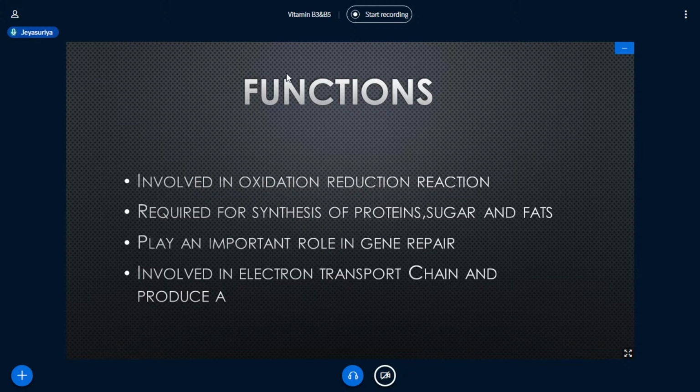NAD is primarily involved in catabolic reactions, whereas NADP functions mainly in anabolic reactions. They act as coenzymes for nearly 200 enzymatic reactions occurring in the body.